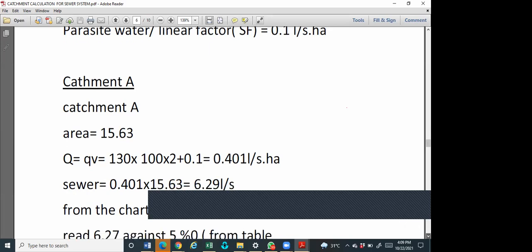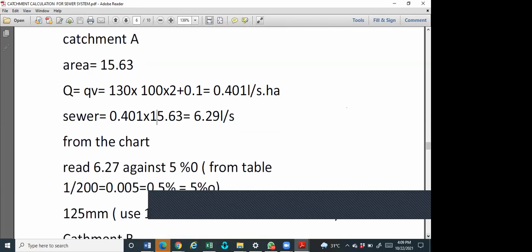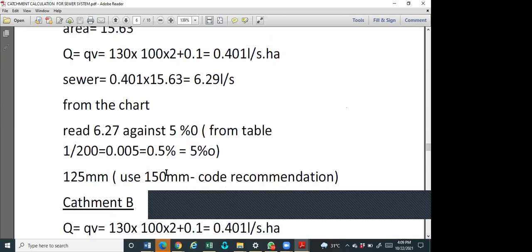So with 6.29, you move over to the chart. What do we do from the chart? We read 6.27 or 6.29, whichever. It's in PDF, so it won't change. You now read 6.27 against 5 per 1,000. The slope is 0.5%, but from our chart, we are going to read it against 5 per 1,000.